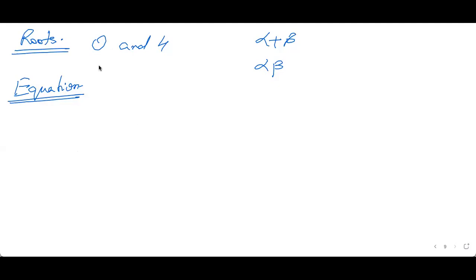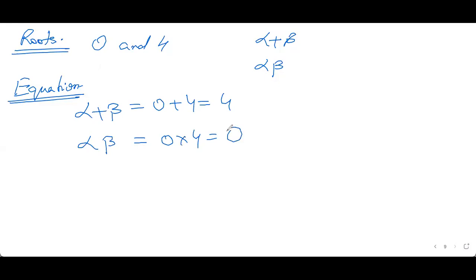We have here two roots, 0 and 4. So alpha plus beta, it doesn't matter which is alpha, which is beta, 0 plus 4 or 4 plus 0 is 4. Alpha into beta, 0 into 4 or 4 into 0 is 0.